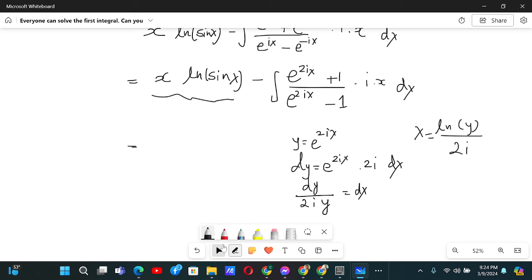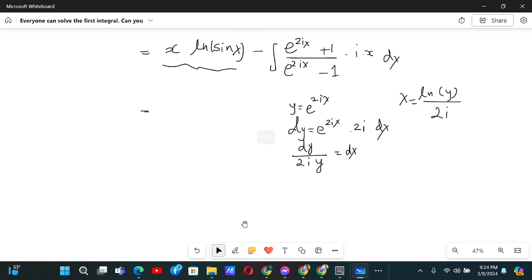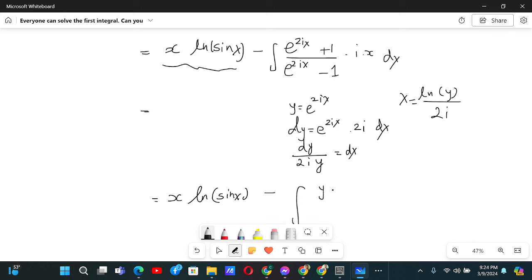Okay, now let's use this substitution. That gives us x ln of sin x minus the integral of (y + 1)/(y - 1), and then i times ln y by 2i, and then dx is dy by 2iy.